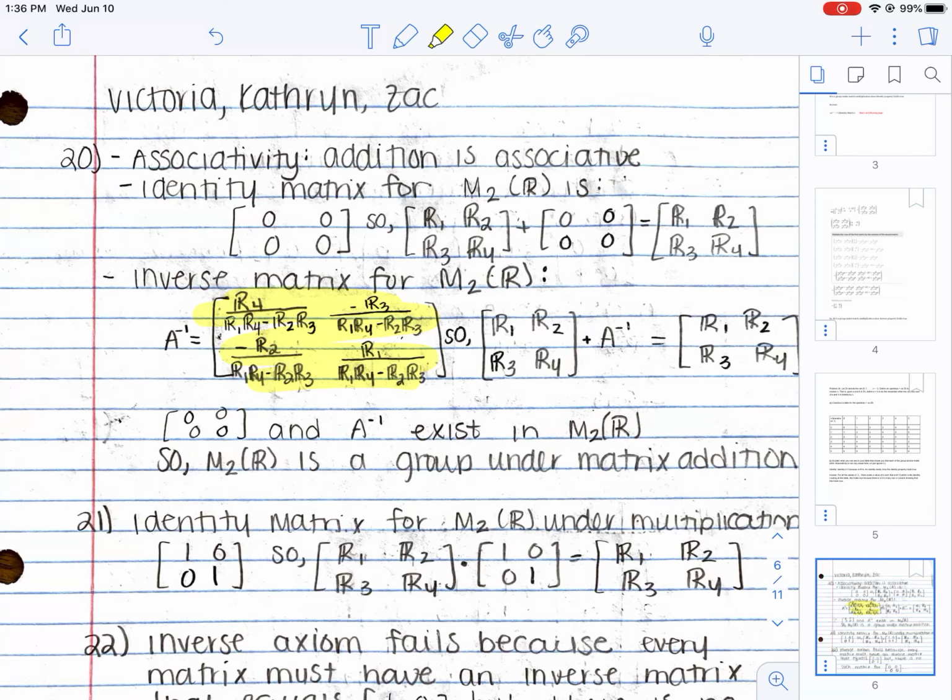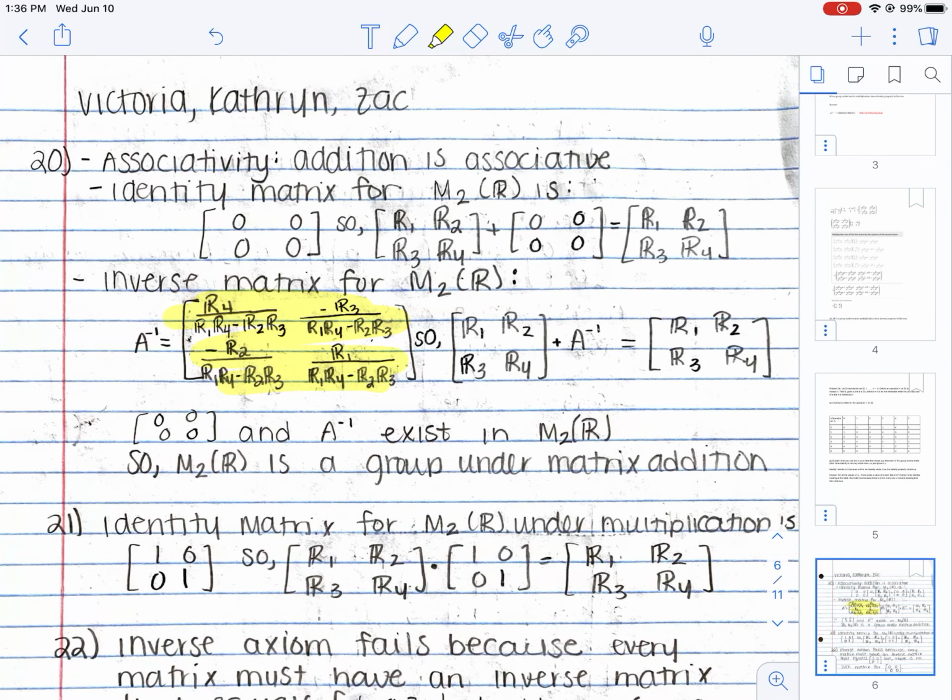But in a sense, it doesn't matter, right? The point is that whatever this is, if it's right or it's wrong, you should be showing me why you believe that it's really the inverse under addition. And what that would mean is that if we add this thing to A, we're going to get the identity. So we would want this to actually be our identity, which was that.